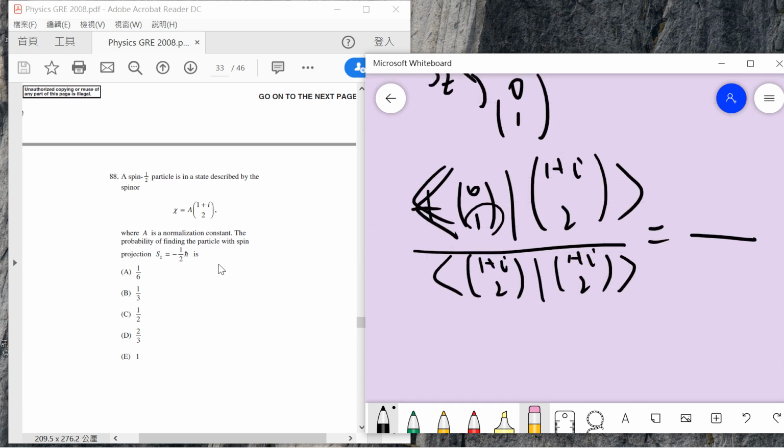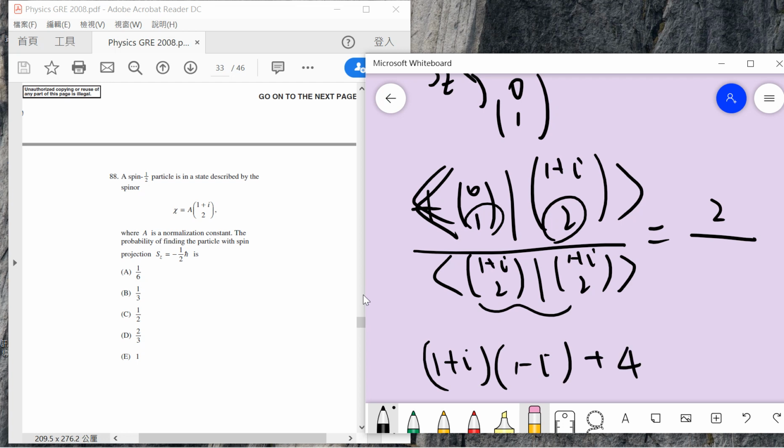So this one times this one is 2, and the normalization is the square root of 1 plus i squared plus 4. When you do the inner product, you should square it. Basically, this computation is similar to when you want to find A. So this is 2 plus 4, which is 6. So it's the square root of 6, squared.